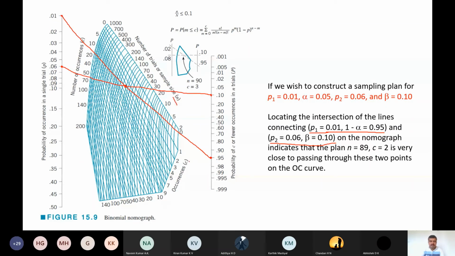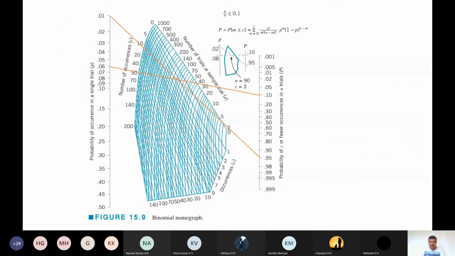Connecting 0.01 and 0.95, and one more line connecting 0.06 and 0.10. So these two values: this is P1, this is 1 minus alpha value, this is P2, this is beta value in the given problem.